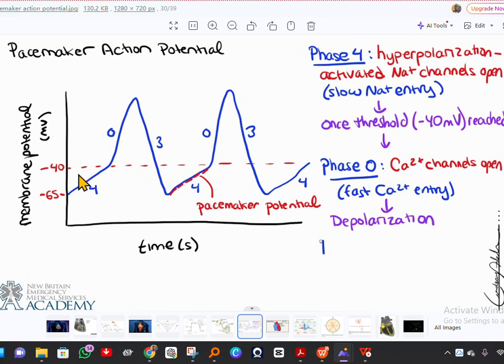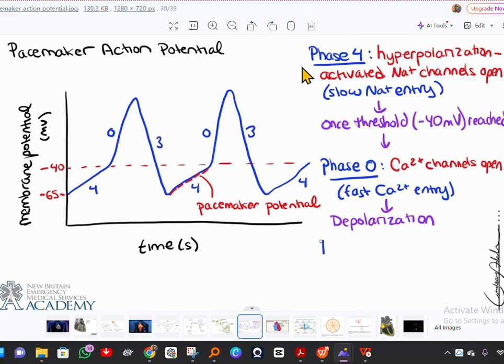And they are the ones responsible for the rhythmicity of the heart. We call these channels hyperpolarization-activated sodium channels. What that means is that whenever the pacemaker cells are hyperpolarized, they start opening.